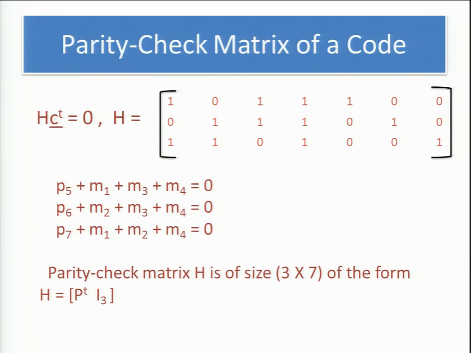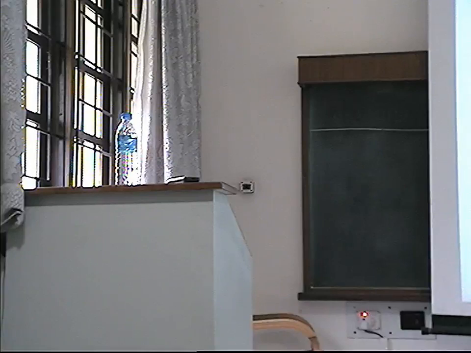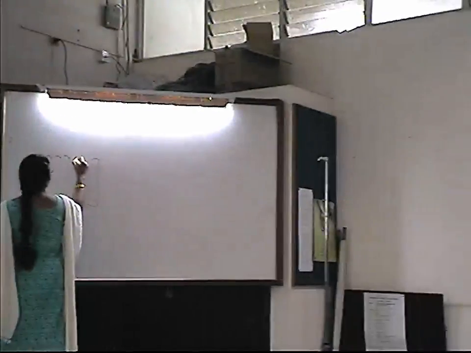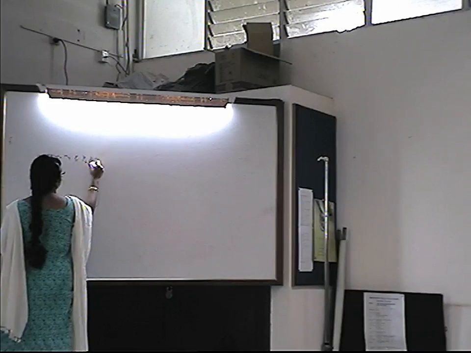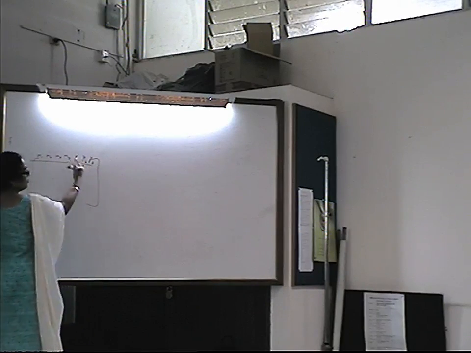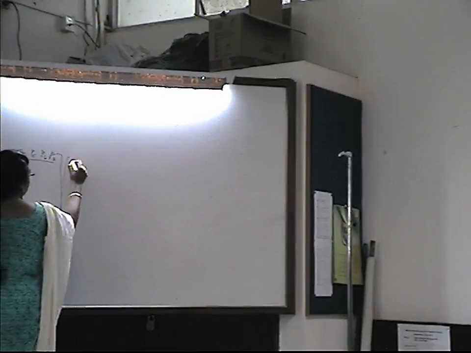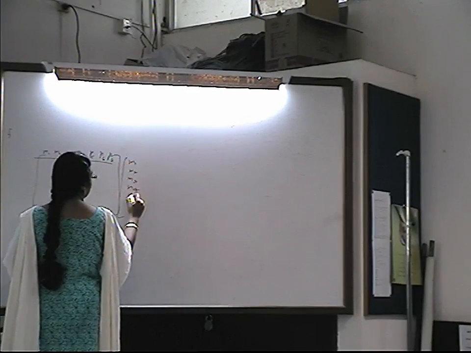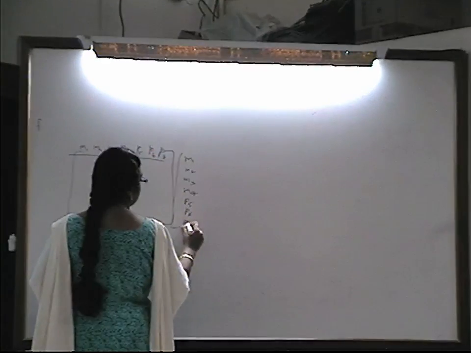1 will get multiplied with M1. If you see the way matrix multiplication happens, I can just write it down on the board for you. So this is your M1, M2, M3, P5, P6, P7. Why I am writing this is what will be multiplying the corresponding vector. So this is M1, M2, M3, M4, P5, P6, P7.